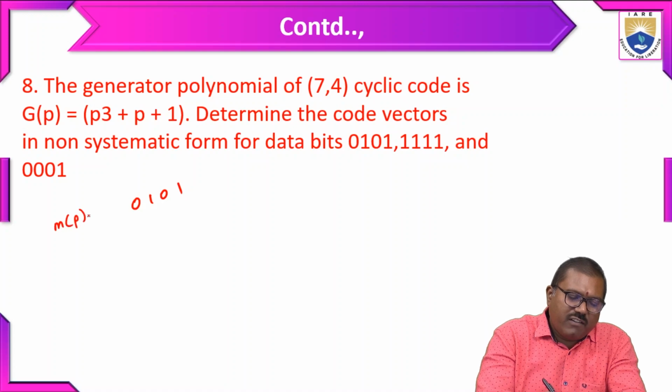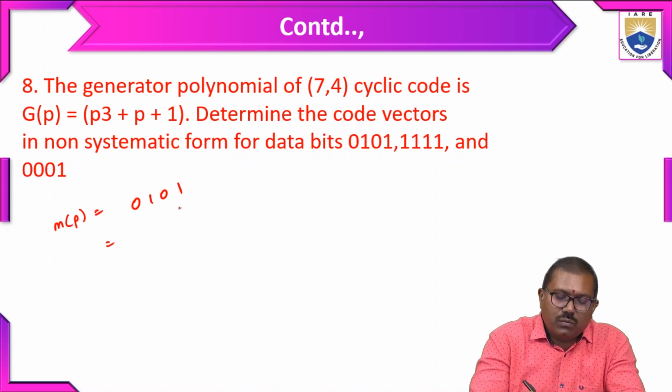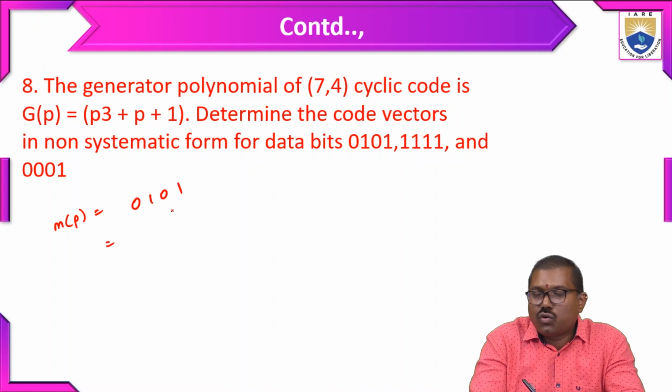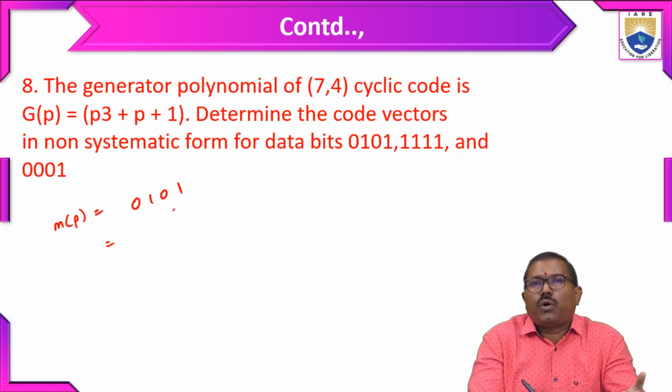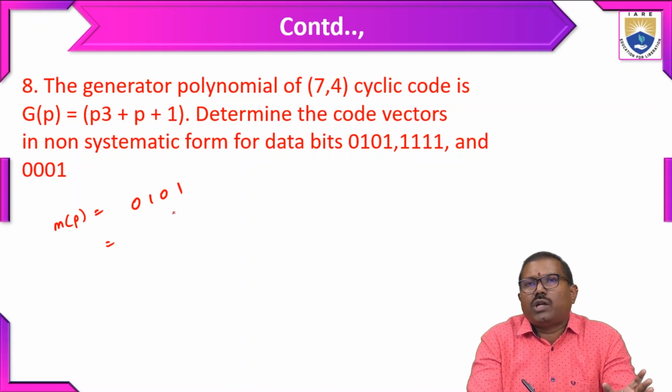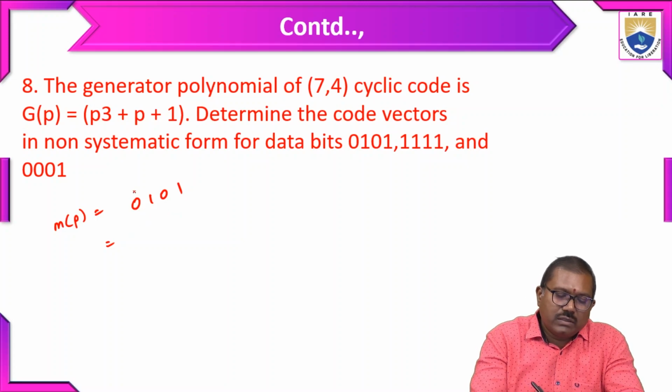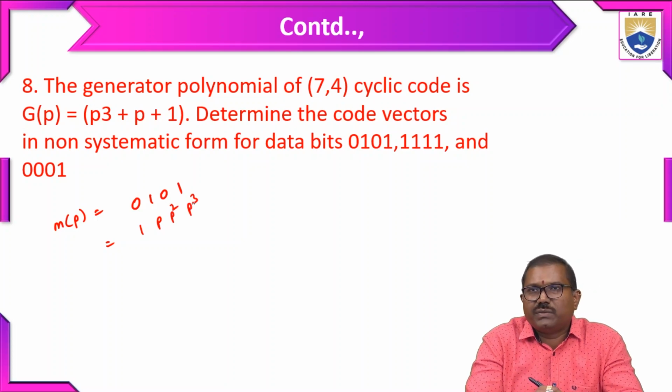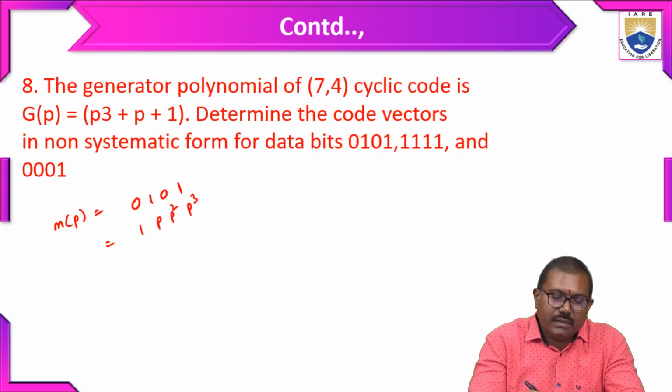So M(P). Here this is in code form, and we convert this into polynomial form, because cyclic codes are in polynomial form. Here P^2 is there, and P^3 is there. P plus P^3 is present.